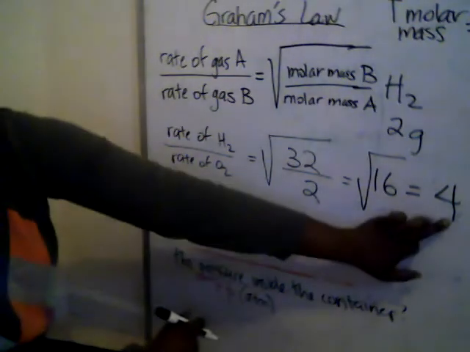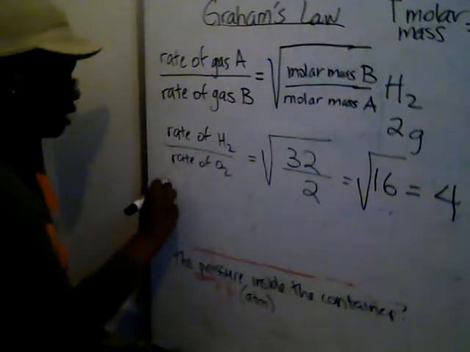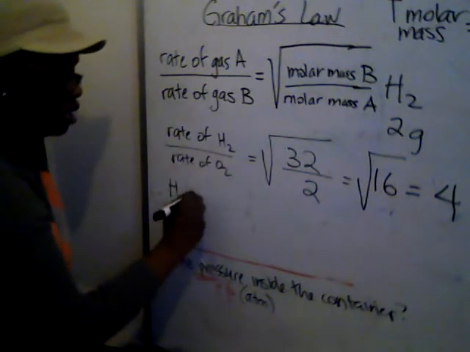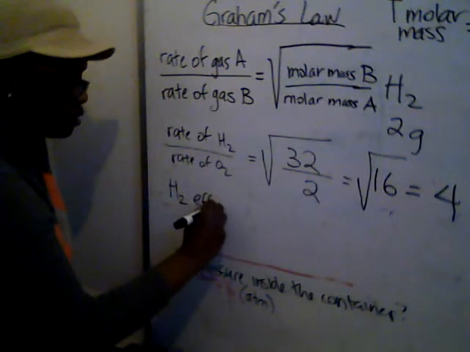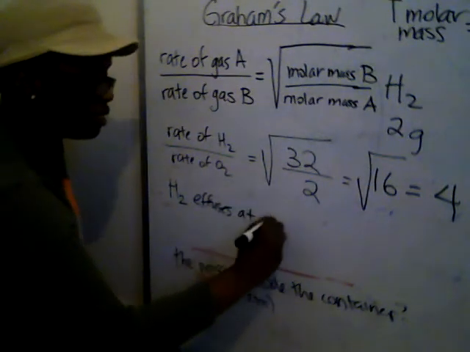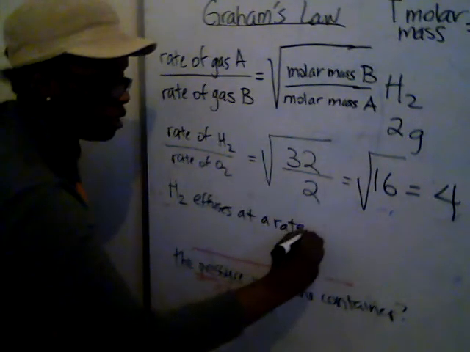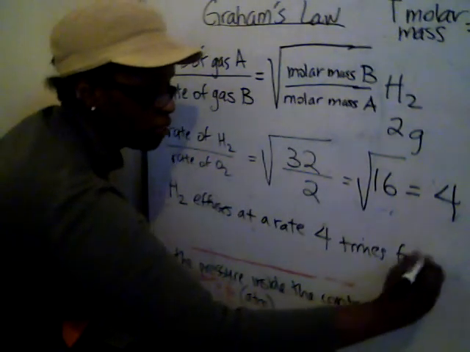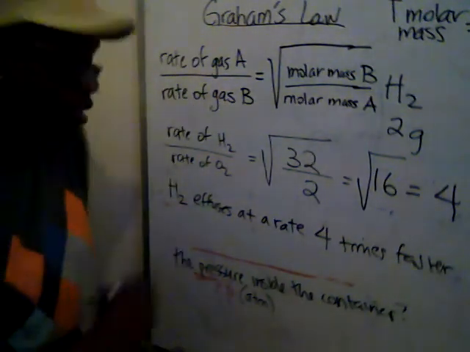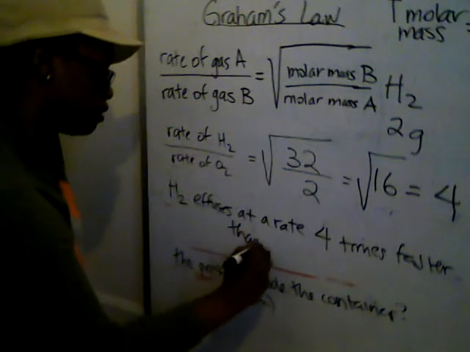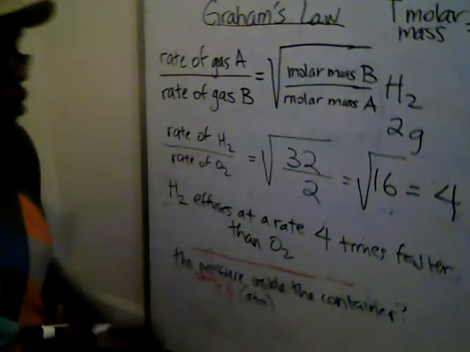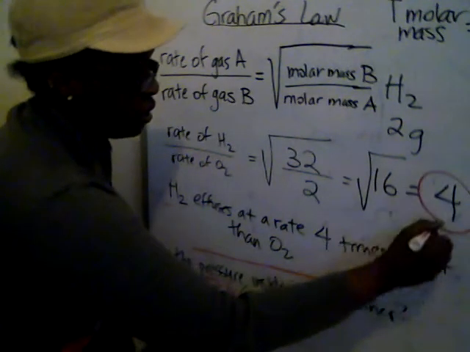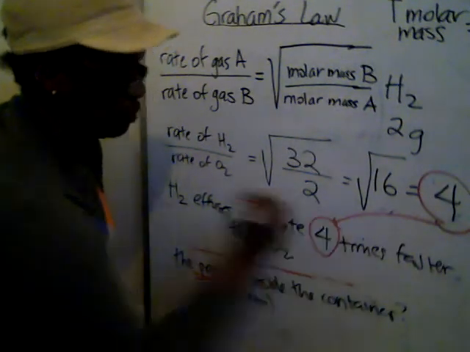So what the 4 means is that hydrogen, so it's always the first gas, effuses at a rate 4 times faster than oxygen. Okay? So if you notice, the 4 that was here is the same 4 I used here.